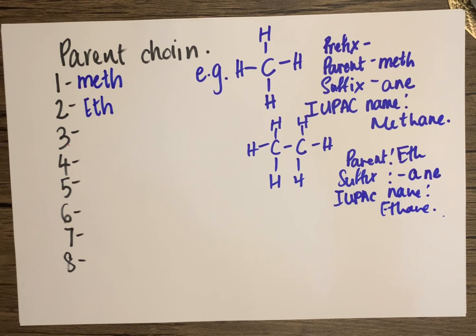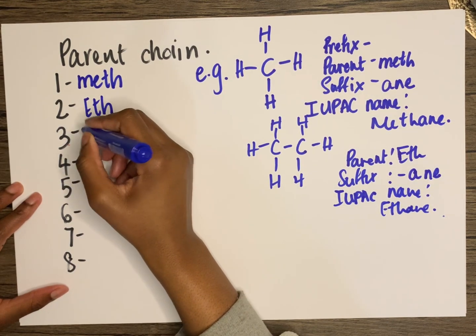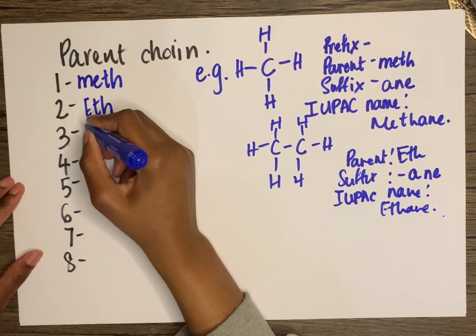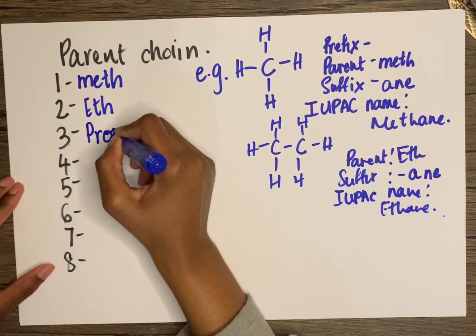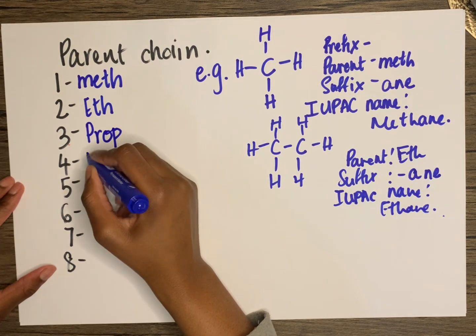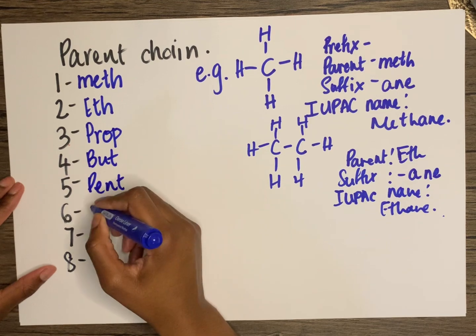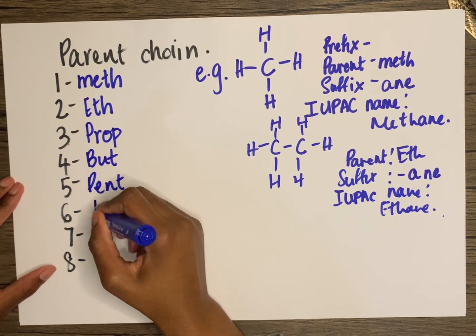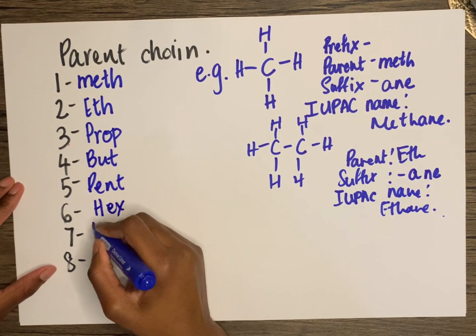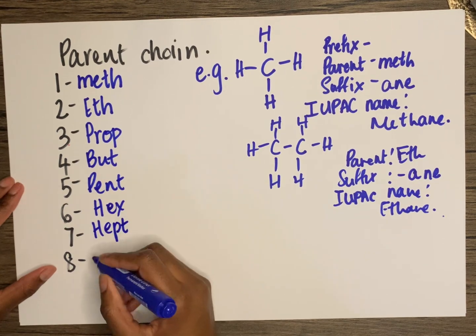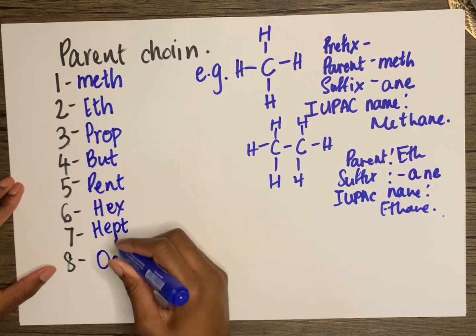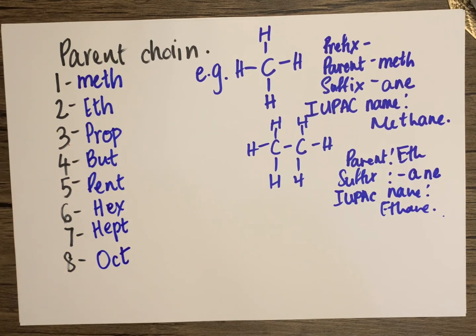I can do this for all basic hydrocarbons that are alkanes, which means they only have hydrogen bonded to the carbon atoms, right? And the single bonds only, they're saturated between adjacent carbon atoms. So when the longest chain has 3 carbons, then we name the parent prop. 4 is but, 5 is pent, 6 is hex, 7 is hept, and then 8 is oct.